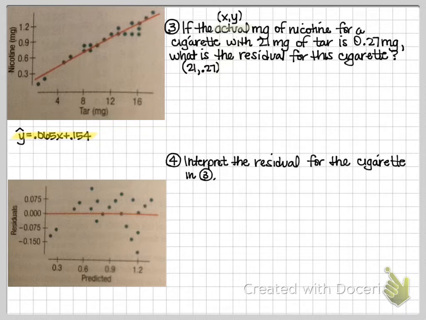So this is my real x and my real y. I'm trying to figure out what the residual is going to be. Well, before I even calculate that, I think I have to figure out what the predicted is first. So I need to find y hat before I can calculate the residual.